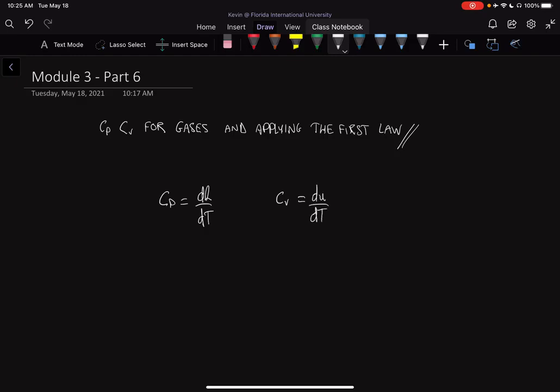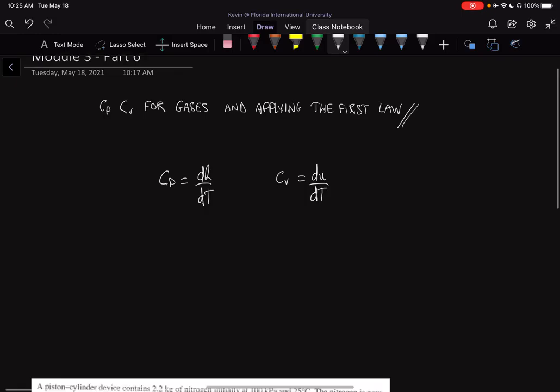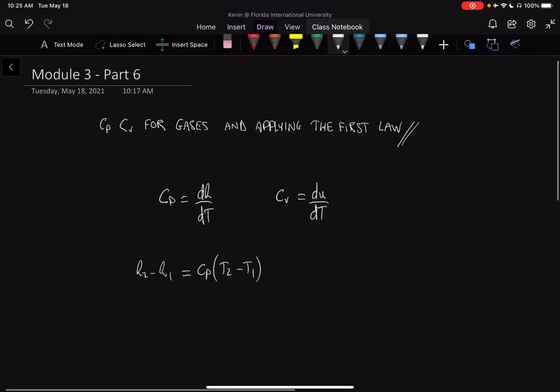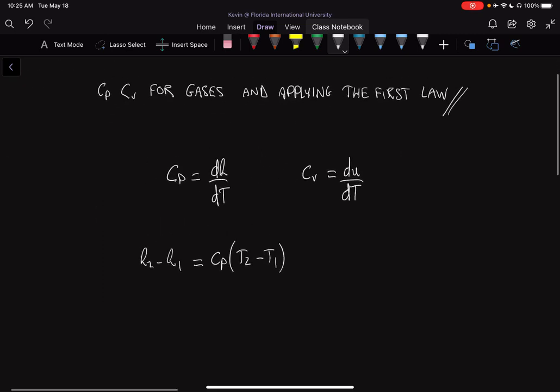And if we rearrange this equation and integrate both the equations, we finally get that H2 minus H1 would be equal to Cp multiplied by T2 minus T1, and U2 minus U1 would be equal to Cv times T2 minus T1. And so that's just rearranging the equations.